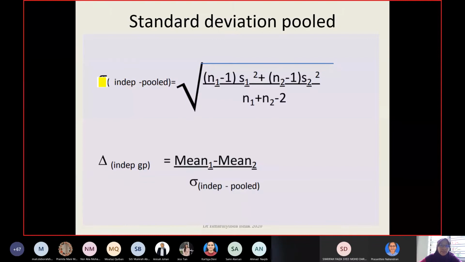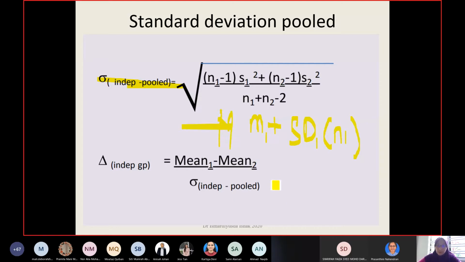How to calculate your pooled standard deviation is from this formula. In this manually calculated formula, all you need is your mean plus minus standard deviation, and your N. So this is mean 1, standard deviation 1, and N1, for example for male.